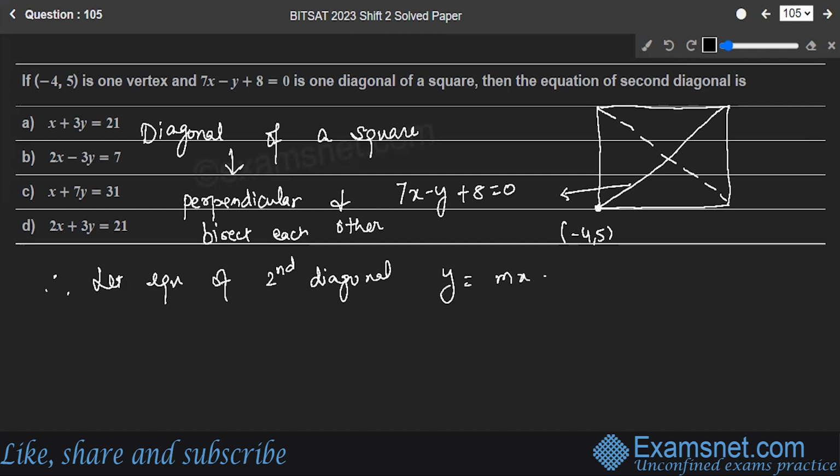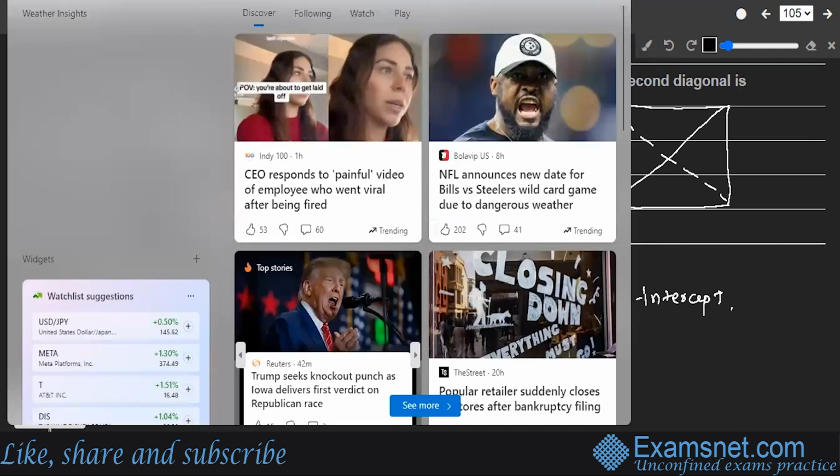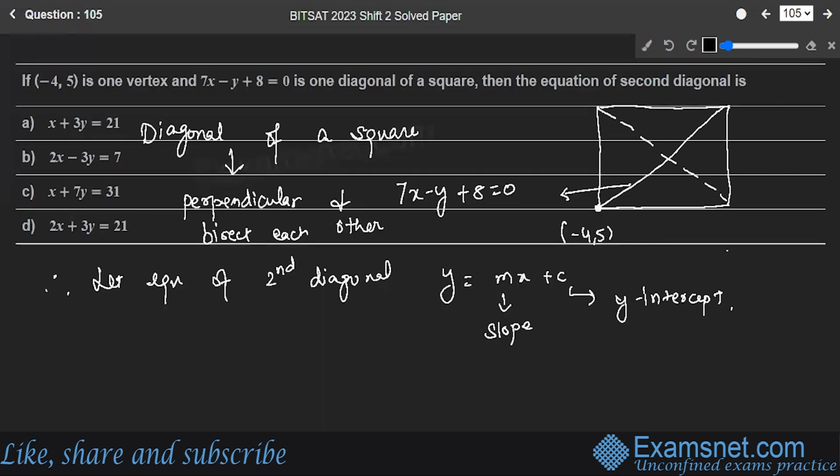be y = mx + c, where m is the slope of the line and c is the y-intercept. Okay. Now, since the line passes through, sorry, minus 4 comma 5. See one thing, sorry, this is not passing through this.